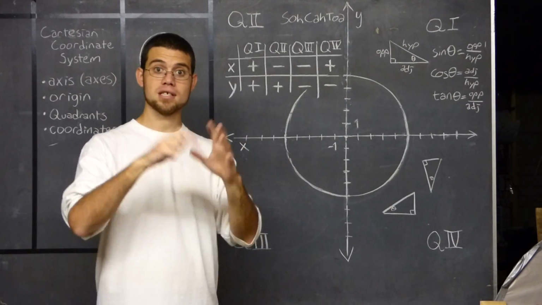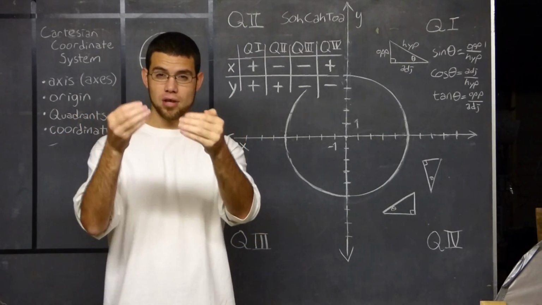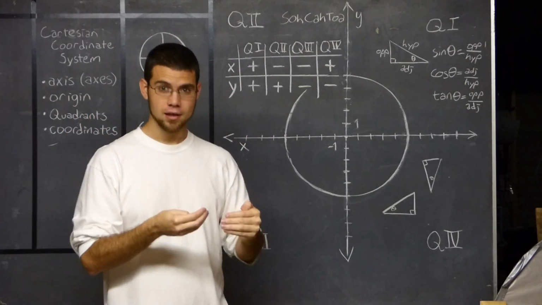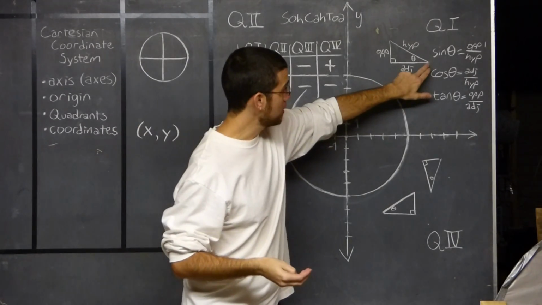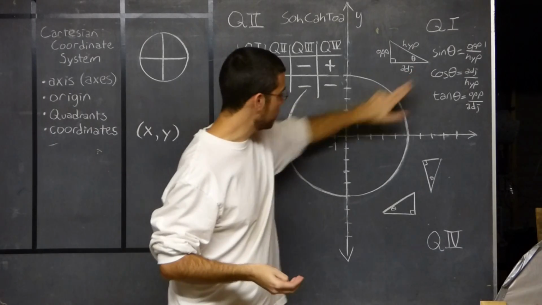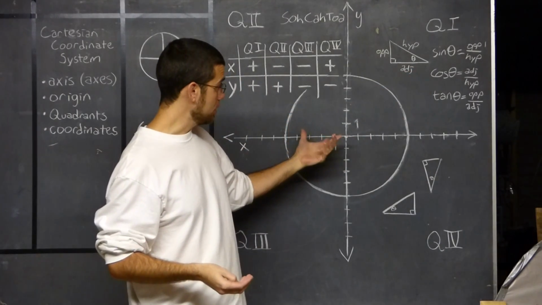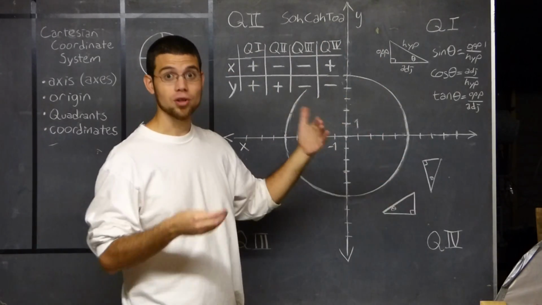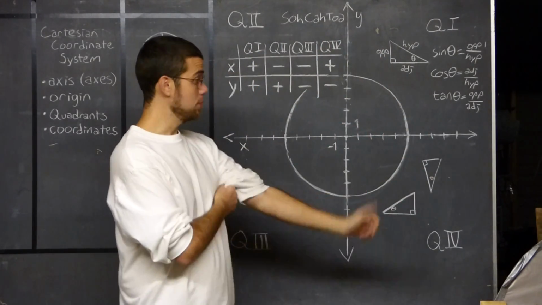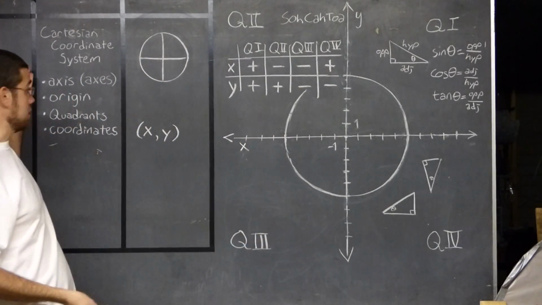But now, to extend our trigonometry, we're going to take that triangle and locate it at the origin. We're going to put our angle, theta, so that that vertex is at the origin, and we're going to then graph it so that all of the vertices can be identified by their coordinates in the Cartesian coordinate system.